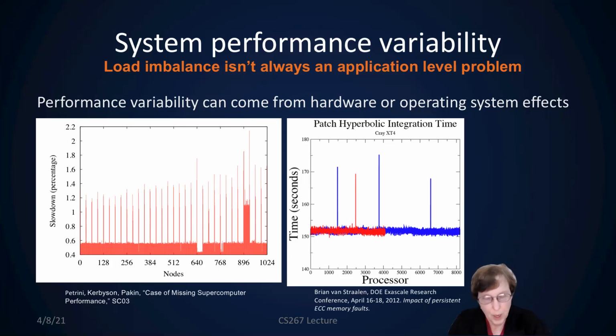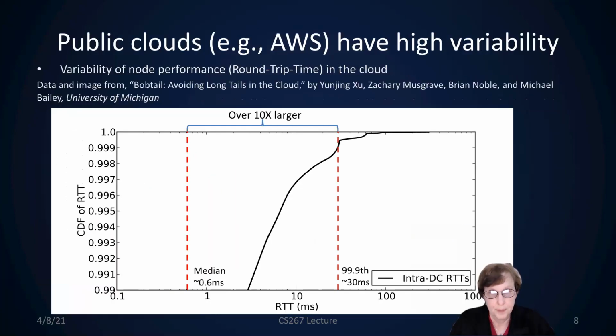As with disks, which we're more familiar with, as they get old and start to have failures, the error correction software that's running, or in this case, in the memory system, the error correction hardware that's running, can actually slow things down. So these memory chips on some of these nodes were starting to fail, and that caused these ECC memory faults to be corrected. The program was running correctly because the hardware was correcting the errors, but taking a lot of time.